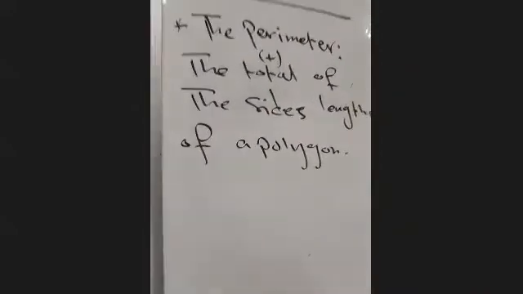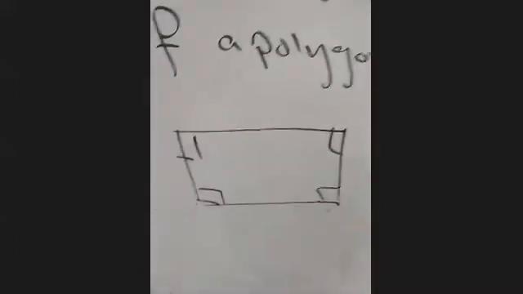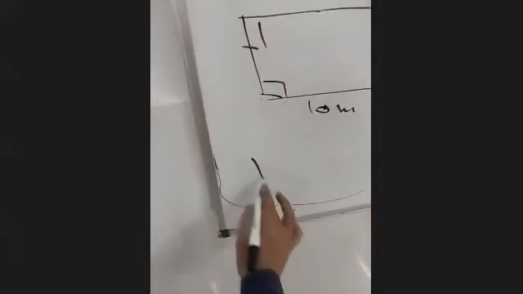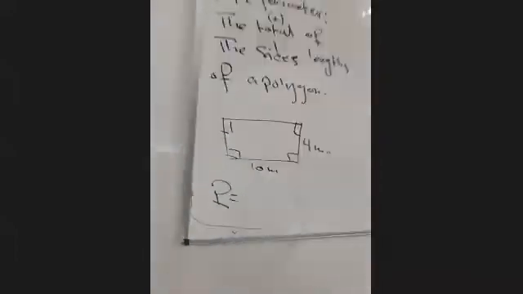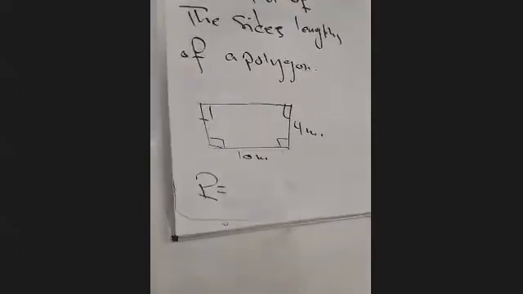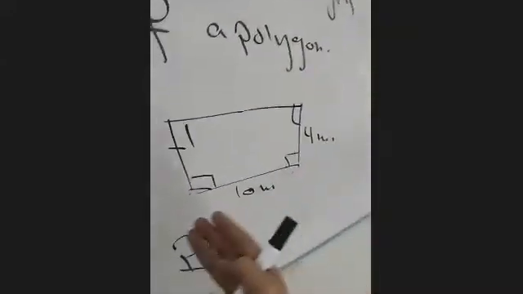For example, if I have this rectangle here, with length, let's say, 10 meters and width 4 meters, and I want to find the perimeter of it. P means perimeter, big P. The perimeter, we said, is the total of the side lengths of the polygon. I have 4 sides.